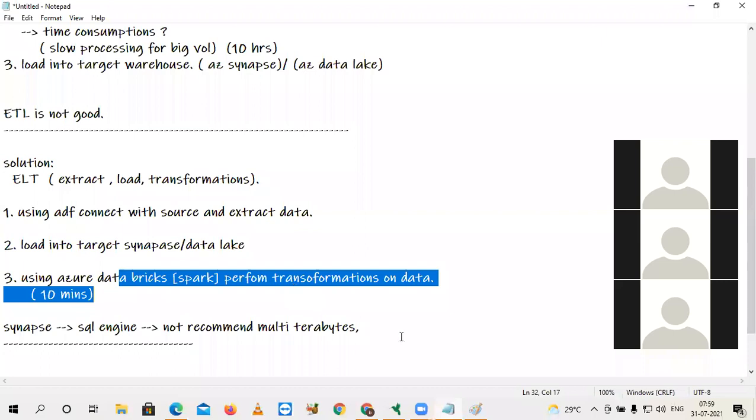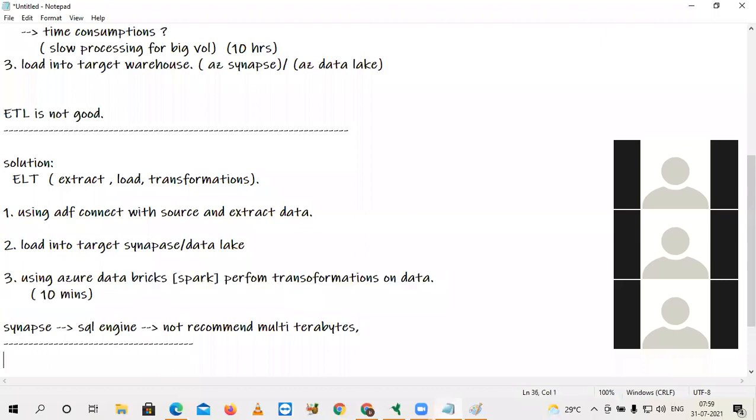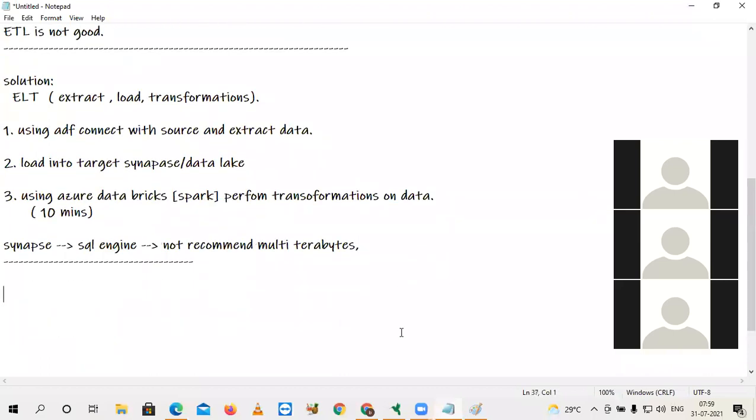A small example: you have sales data. The data volume is like this. A simple summary, a simple query.